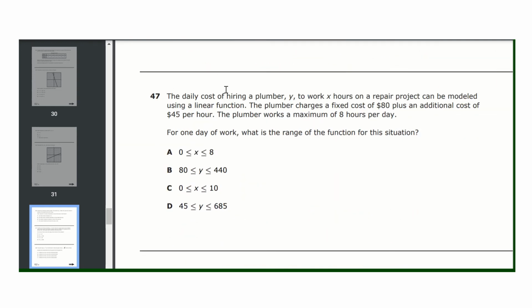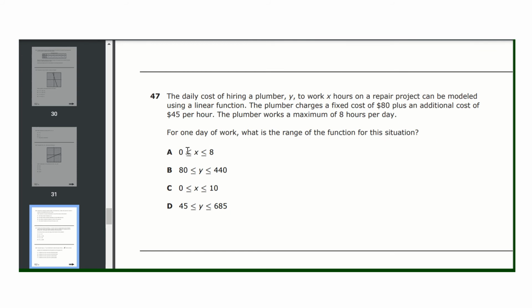Number 47. The daily cost of hiring a plumber, y, to work x hours on a repair project can be modeled using a linear function. The plumber charges a fixed cost of $80 plus an additional cost of $45 per hour. The plumber works a maximum of 8 hours in a day. For 1 day of work, what is the range of the function for this situation?